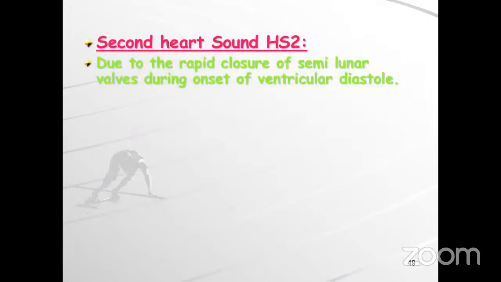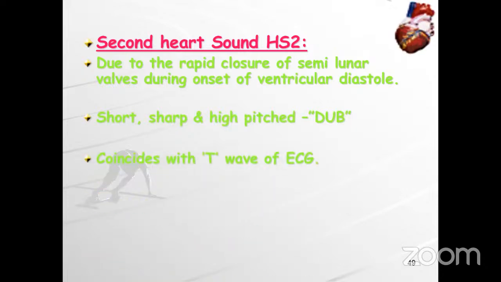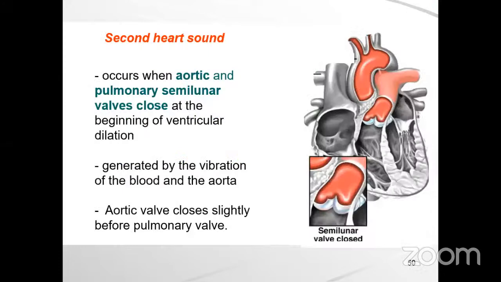The second heart sound is due to the rapid closure of the semilunar valve during the onset of ventricular diastole. It is short, sharp and high pitched, and it is denoted as dub, which coincides with the T wave of the ECG. So this is the closure of the aortic and pulmonary valves.